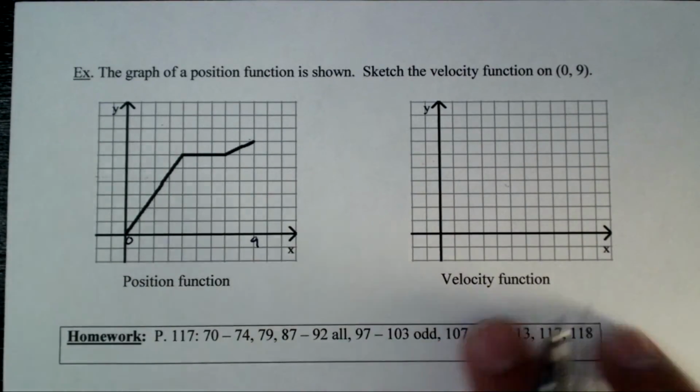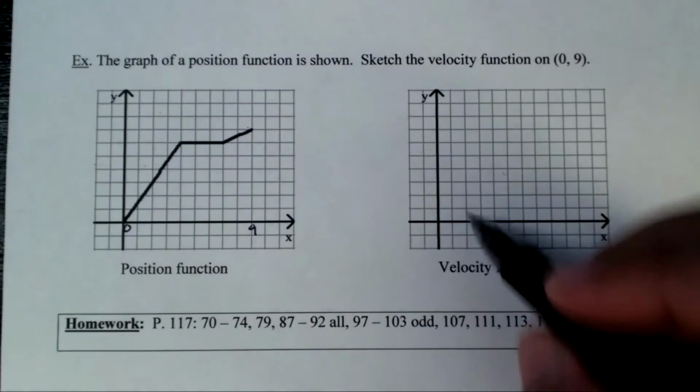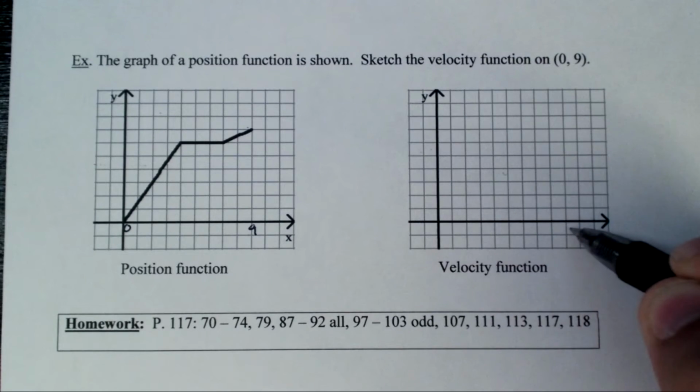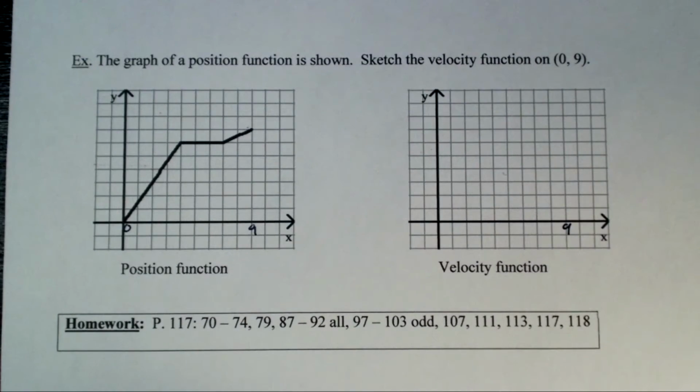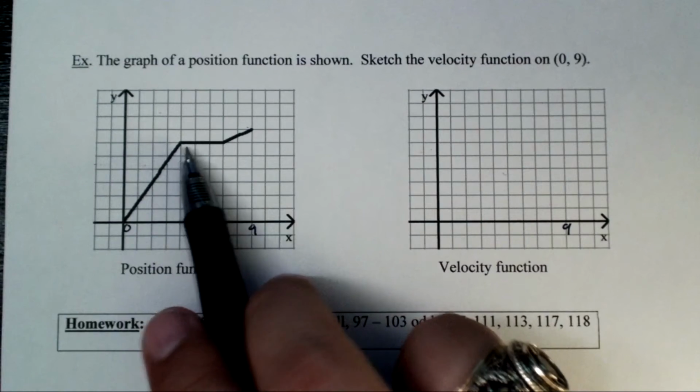So the question is, graph the velocity function from 0 to 9. So 1, 2, 3, 4, 5, 6, 7, 8, 9. Now, some points that are going to be specifically important are where these points are.